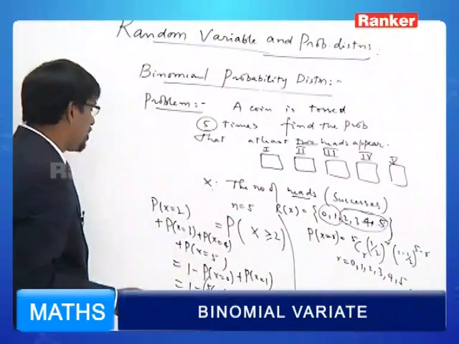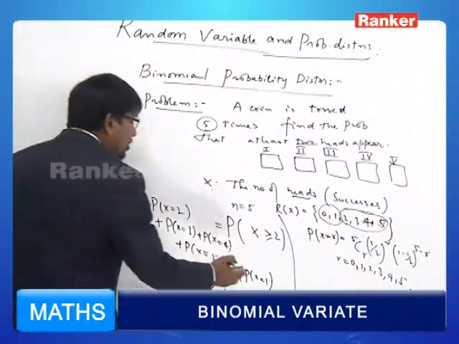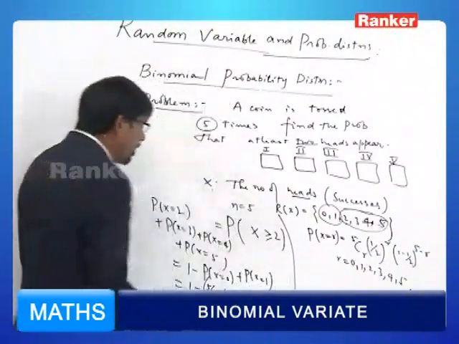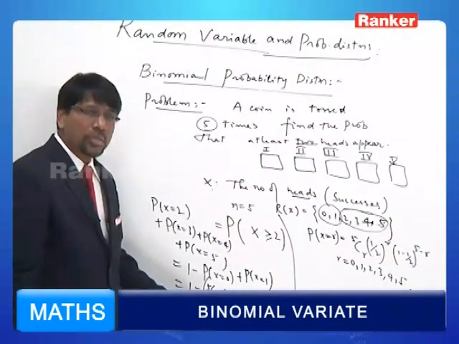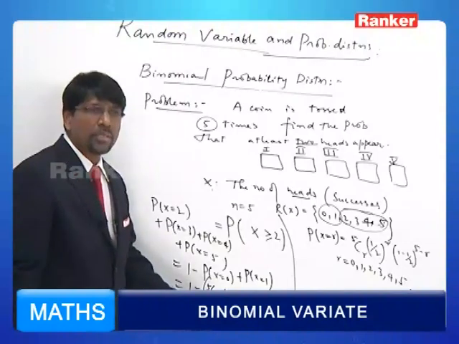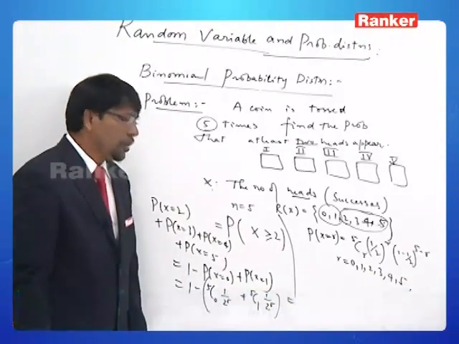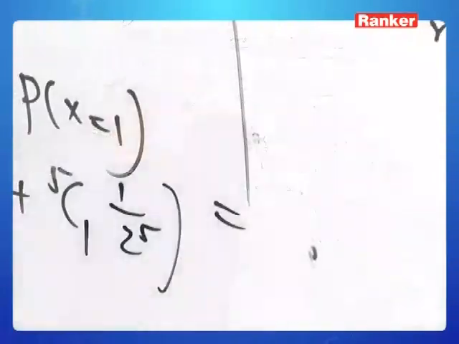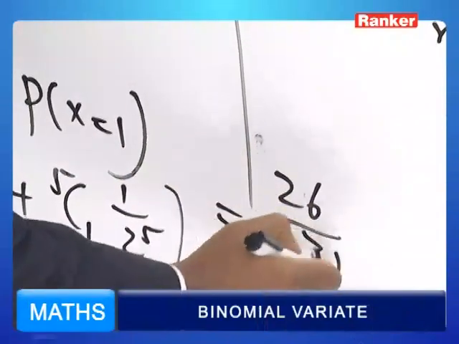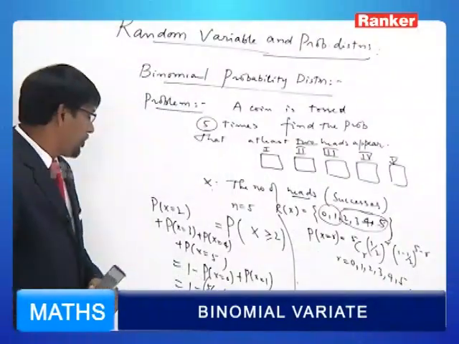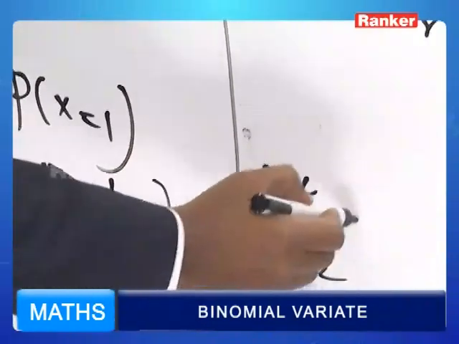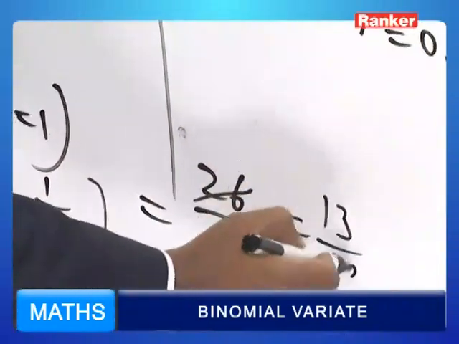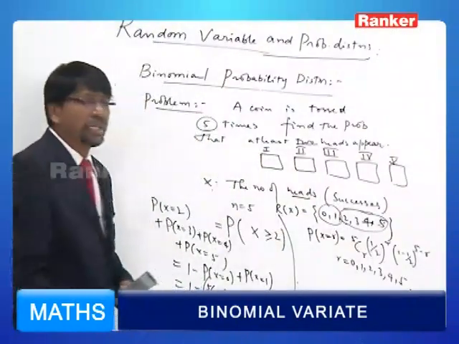That turns out to be 1 minus (5 plus 1), 6 by 2 power 5, that is 1 minus 6 by 32, that is 26 by 32. Okay, so that is further 13 by 16. So that's the required probability.